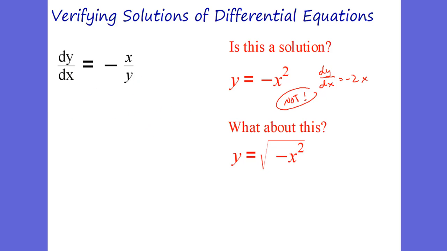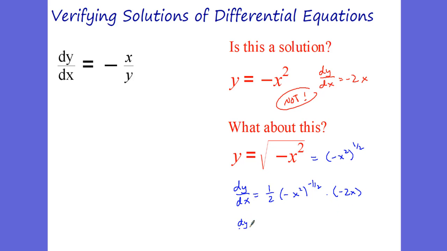So let's take a look at one more possible solution. We have y equals the square root of negative x squared. So that is negative x squared to the 1/2 power. Remember, rearranging it does help out with my derivatives. So we have dy over dx equals 1/2 times negative x squared to the negative 1/2, that's the power rule, times the derivative of the inside, negative 2x, the chain rule.